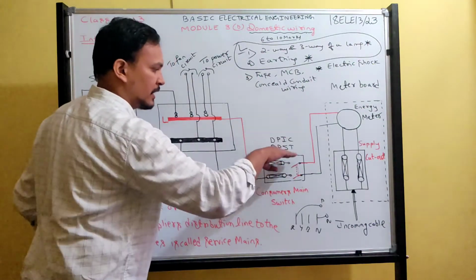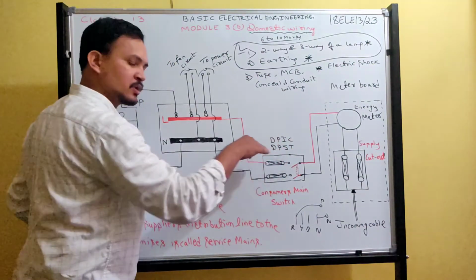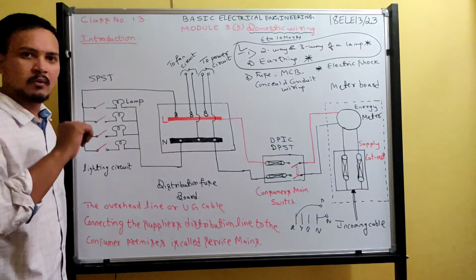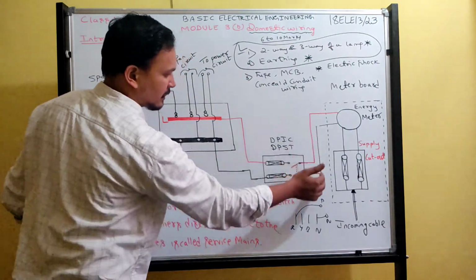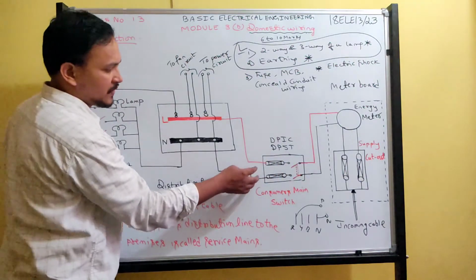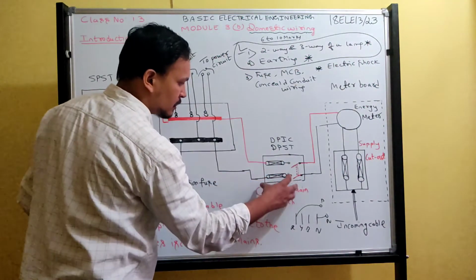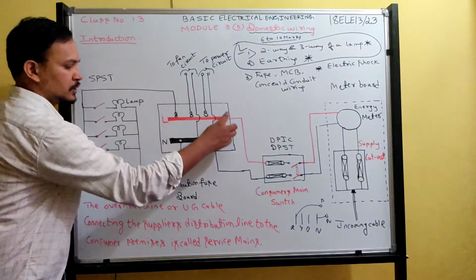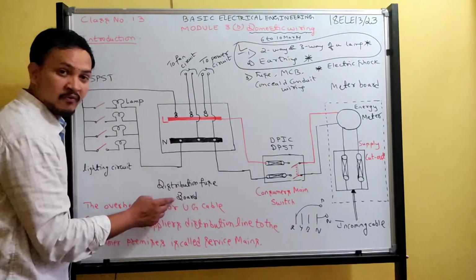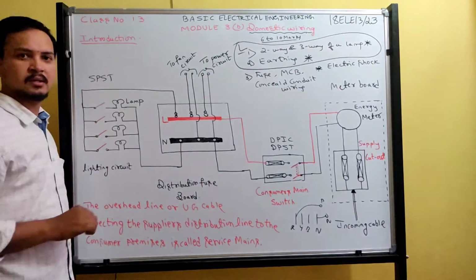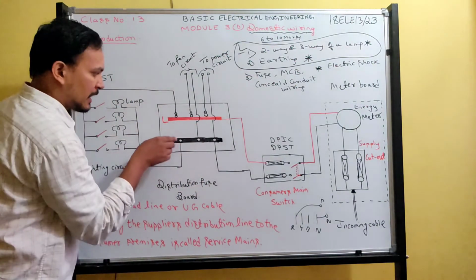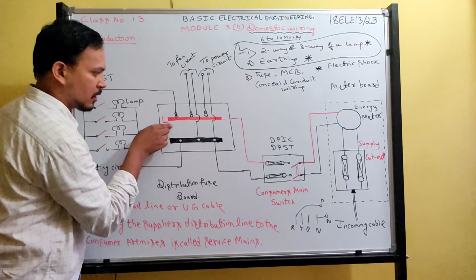There is only one position, no top and no down, only one throw. If I close this, then supply will get connected to the consumer mains. The consumer mains will feed the supply to the distribution fuse board. I call it a distribution fuse board because this distribution line has two copper bars.